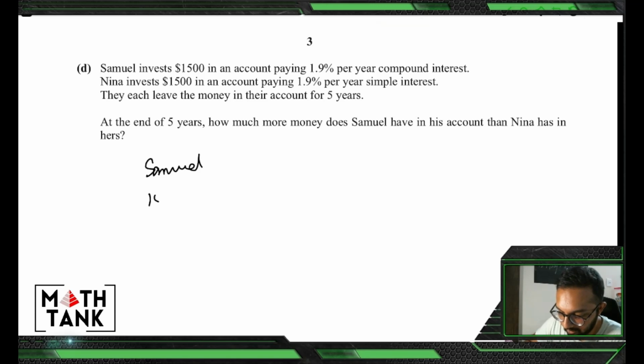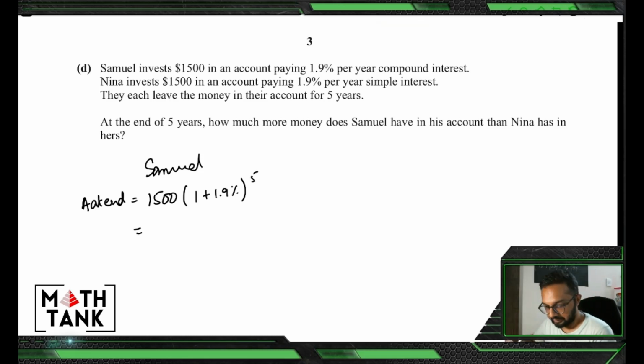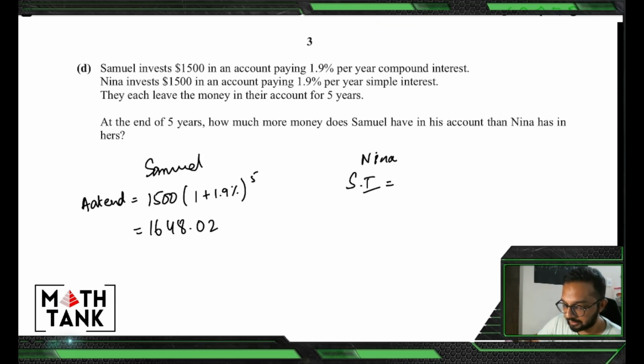Okay, Samuel. So amount at end is P times (1 plus R) to the power T. So that's Samuel. I think he has 1648.02. Okay, Nina. Nina has simple interest. So we'll first calculate the simple interest.